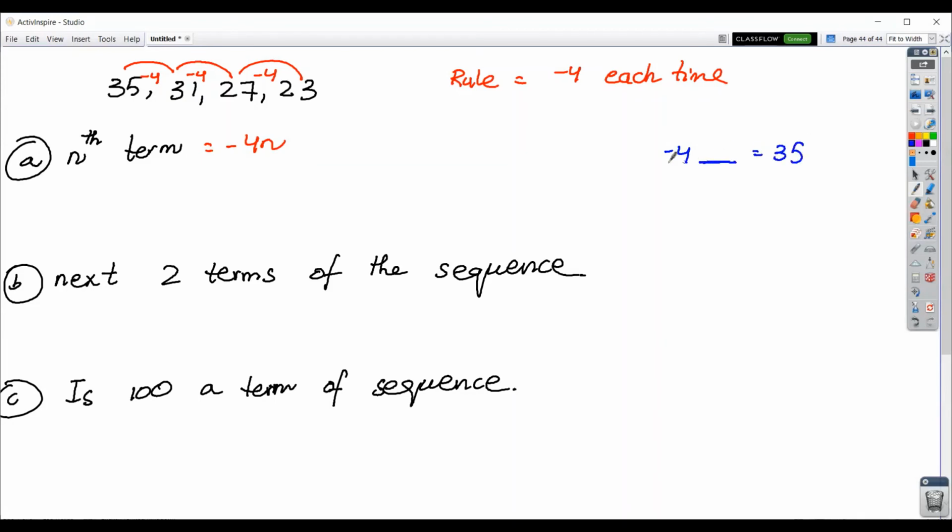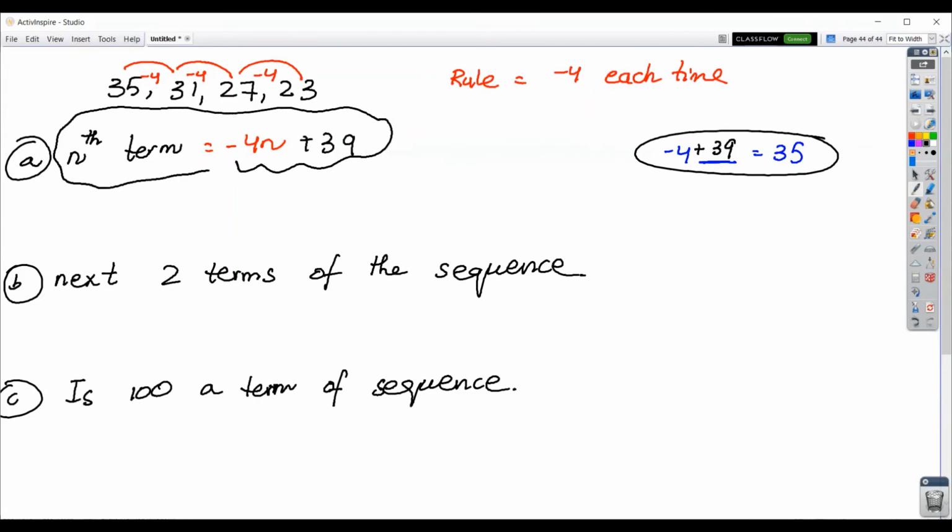We see that from minus 4 we are going to a bigger number, which means we have some positive number to add. So in minus 4, when you add 39, you get 35. So minus 4 plus 39 gives 35. It means the nth term of the sequence is minus 4n plus 39. This is the nth term of the sequence.